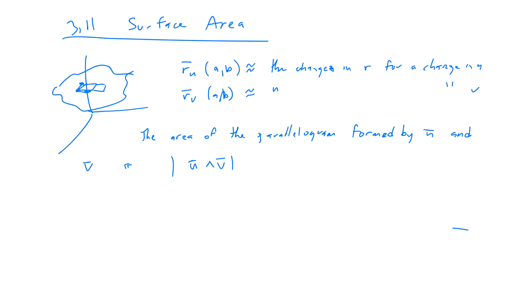So going back to chapter 1, the area of the parallelogram formed by two vectors is the magnitude of the cross product, which means the area of these little pieces that I've broken up my surface into is going to be the length of the cross product of the two partial derivatives. So it works kind of nicely if we have a function in parameterized form, which is why we want to talk about parameterized form.